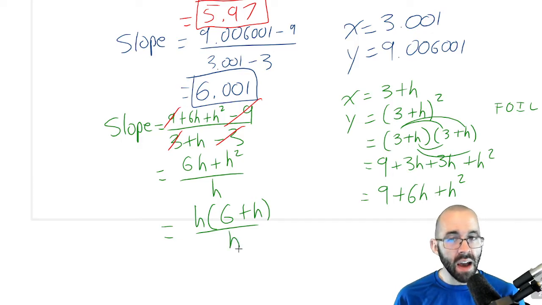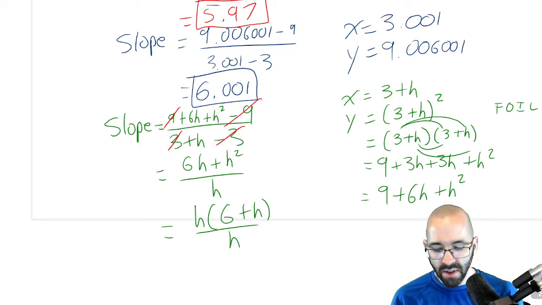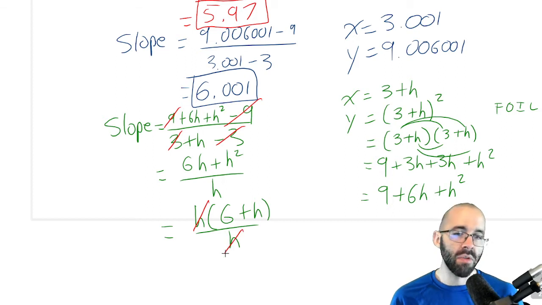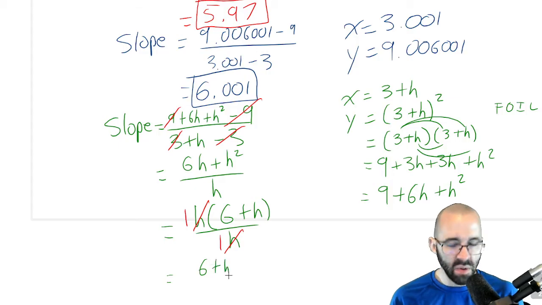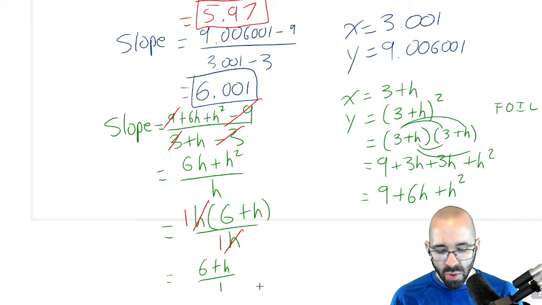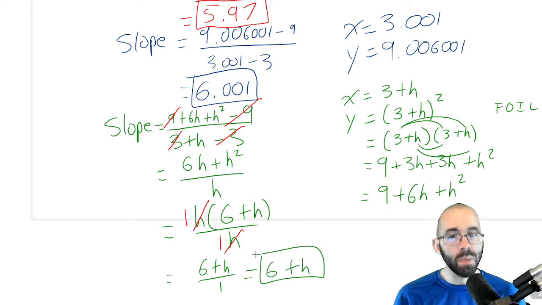Oh, look, they both have a factor of h. If the top and the bottom of a fraction ever have the same factor, they cancel and get replaced by 1s. So we have 1 times 6 plus h, divided by 1. And whenever we divide by 1, that doesn't change the fraction. This is our slope.